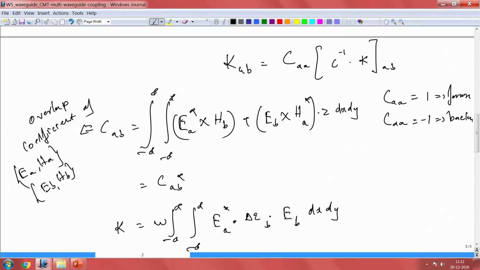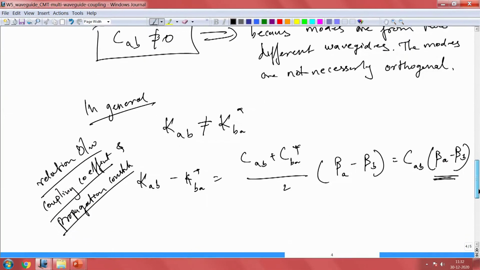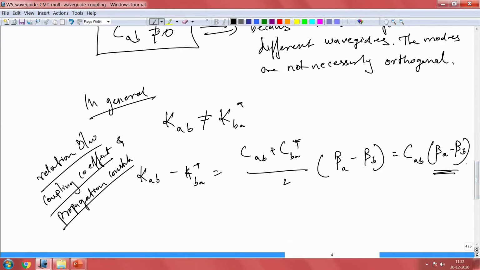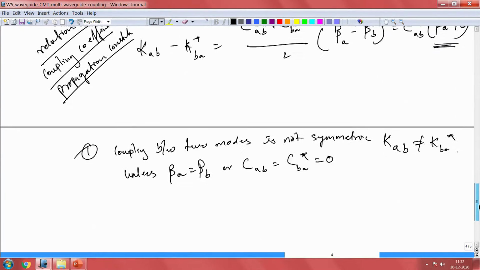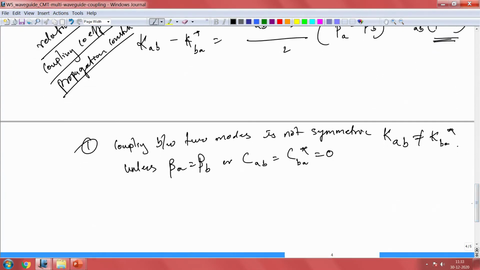Again, we are coming back to the same argument that unless your modes are orthogonal or your propagation constants are identical, right, you won't be having symmetric coupling. Okay. So, this is a very important point to remember. I am going to say it again.